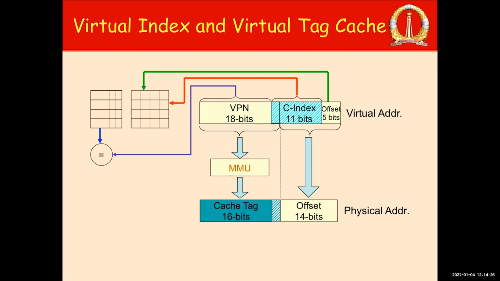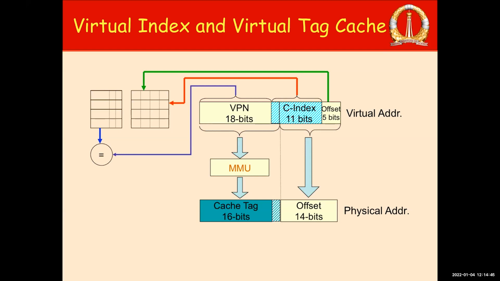One important issue that you will come across is that when two different processes talk about the same virtual address, they map to the same location in the cache. How do you distinguish between them?